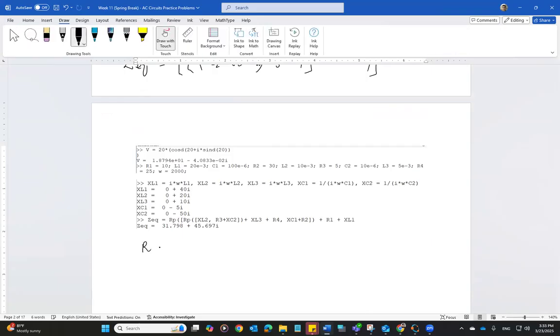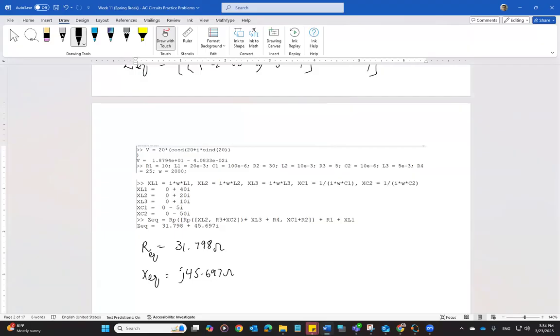So the equivalent resistance as seen by the source is 31.798 ohms, and my equivalent impedance as seen by the source is j45.697. Again, you can round that off to 45.7, and this is 31.8. So my equivalent impedance as seen by the source is inductive, because your equivalent reactance is positive.